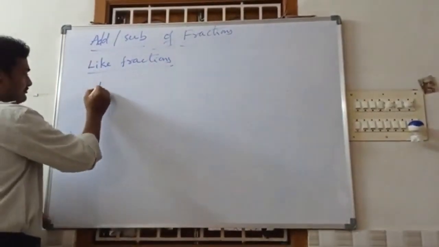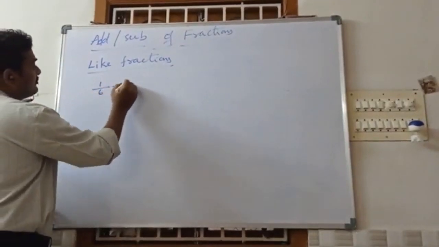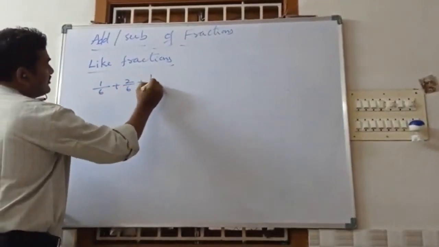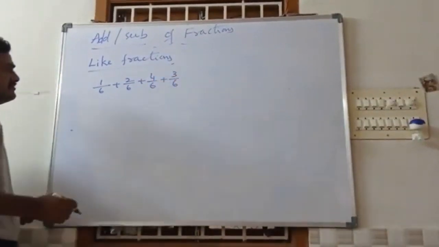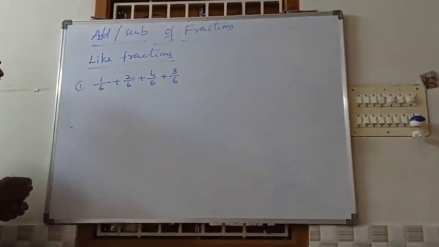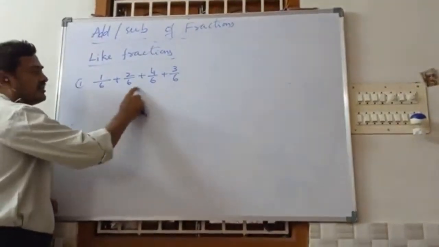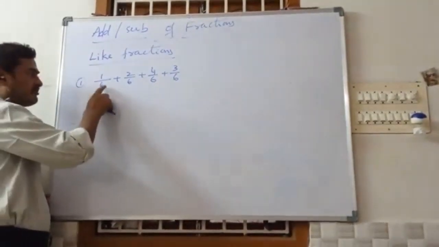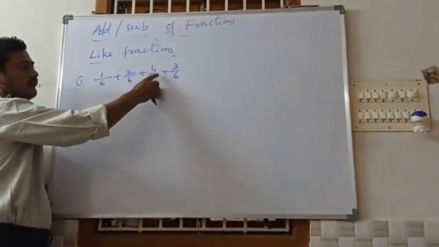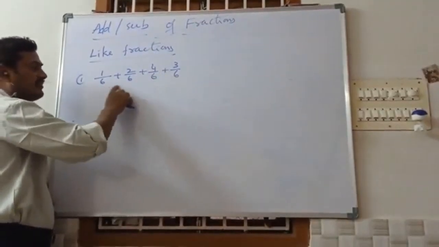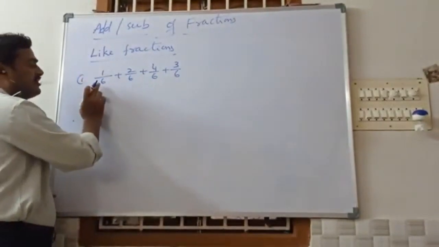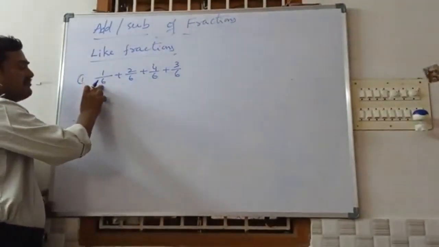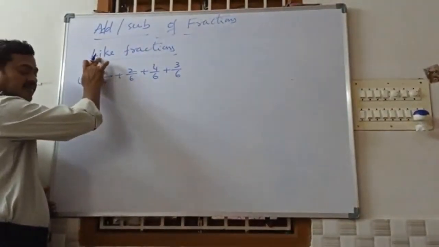For example, 1 by 6 plus 2 by 6 plus 4 by 6 plus 3 by 6. If we observe, what are the denominators? 6 everywhere: 1 by 6, 2 by 6, 4 by 6, 3 by 6. The denominators are the same. Fractions with the same denominator are called like fractions.